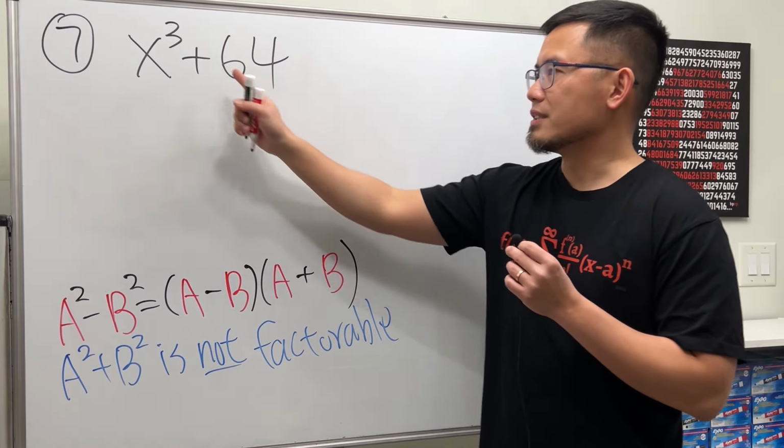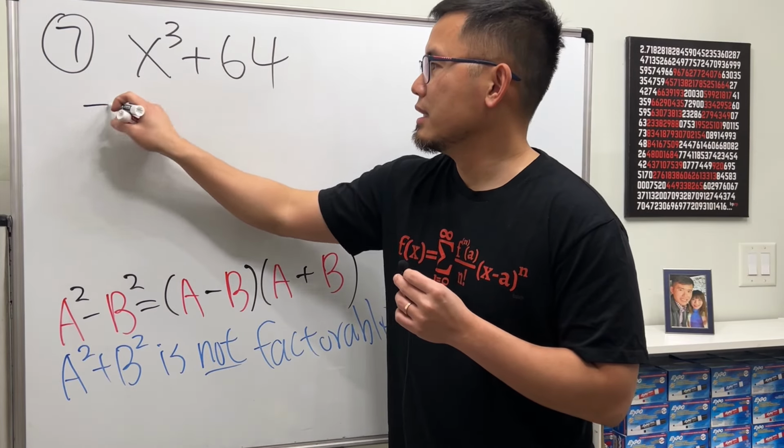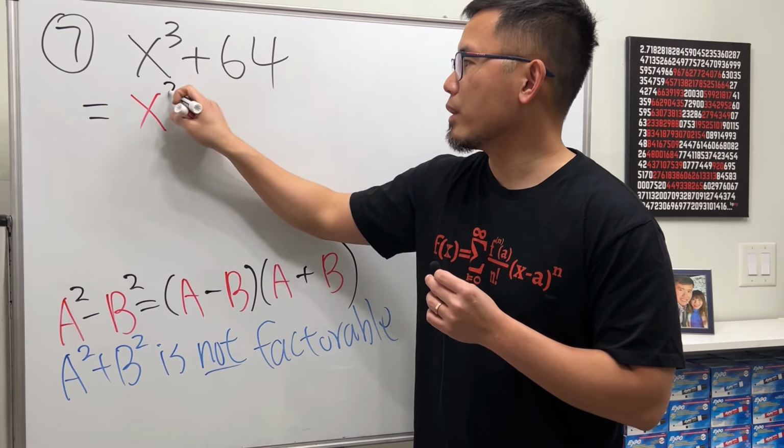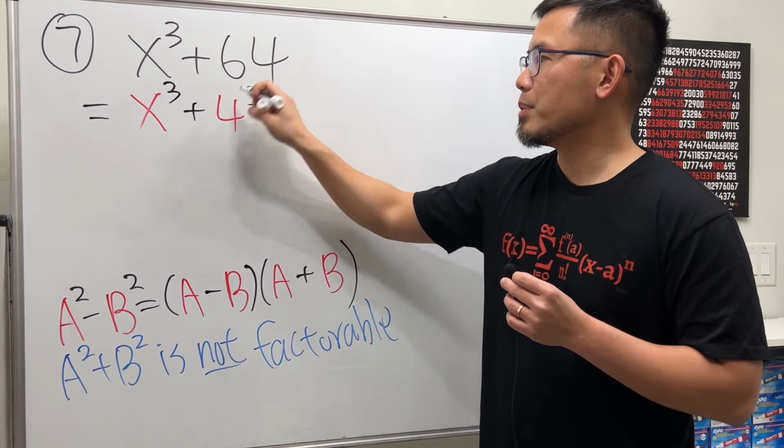However, if you have a sum of two cubes, this right here is actually factorable. First, notice x to the third power plus 64 is the same as 4 to the third power.